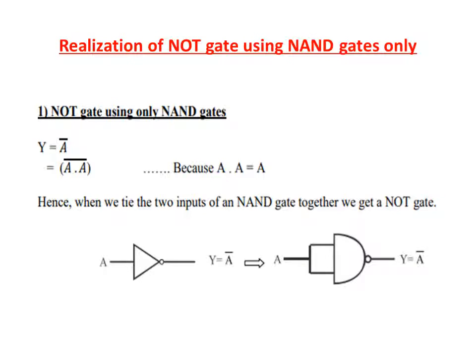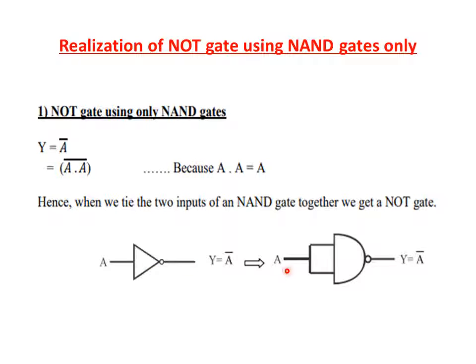This is realization of NOT gate using NAND gates only. We know that the output expression for NOT gate is Y is equal to A bar. The NOT gate has single input and single output.